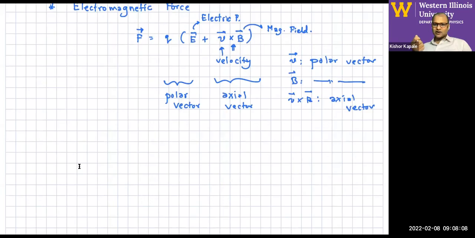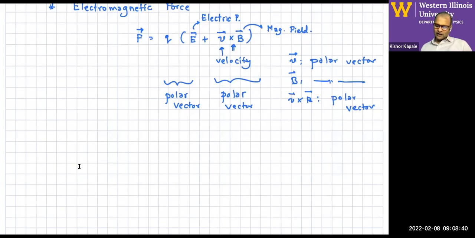You cannot add an axial vector to a polar vector. That's going to lead to physically not a very meaningful quantity. That's not allowed. That means this has to be a polar vector, and that means V cross B has to be a polar vector.